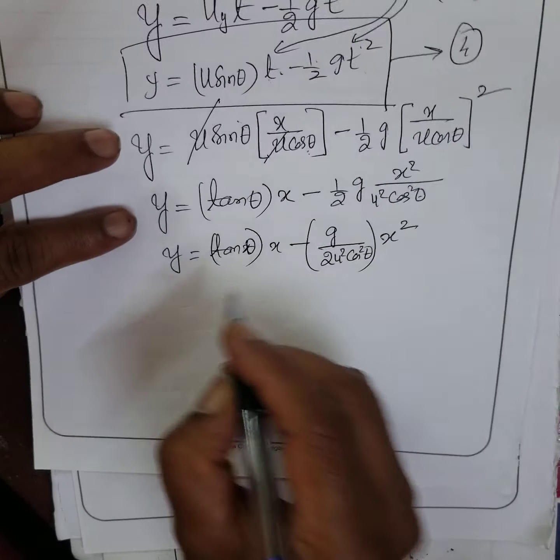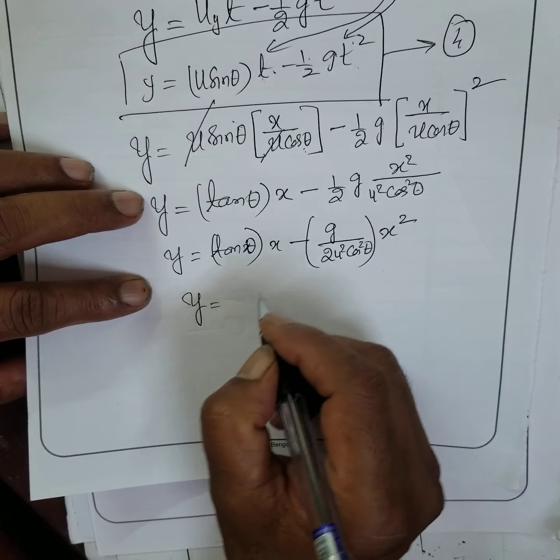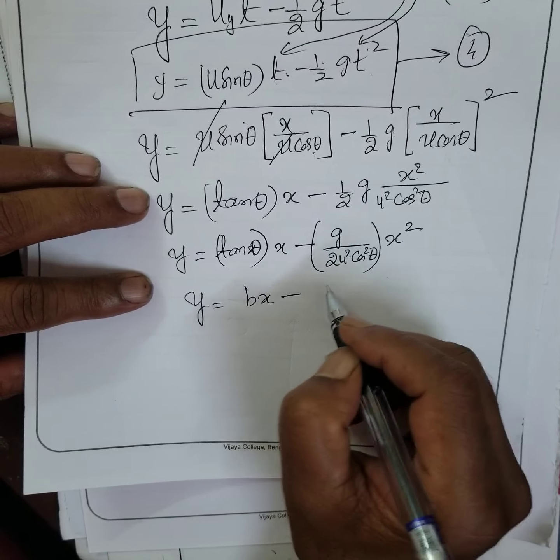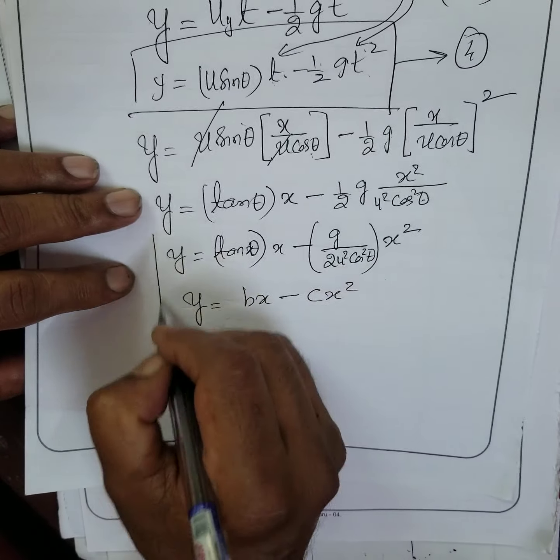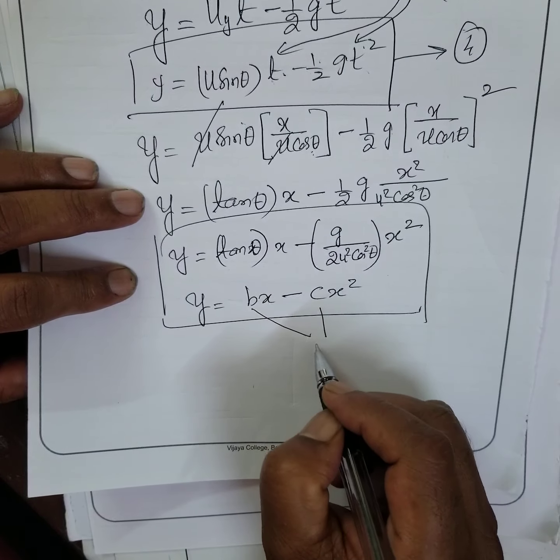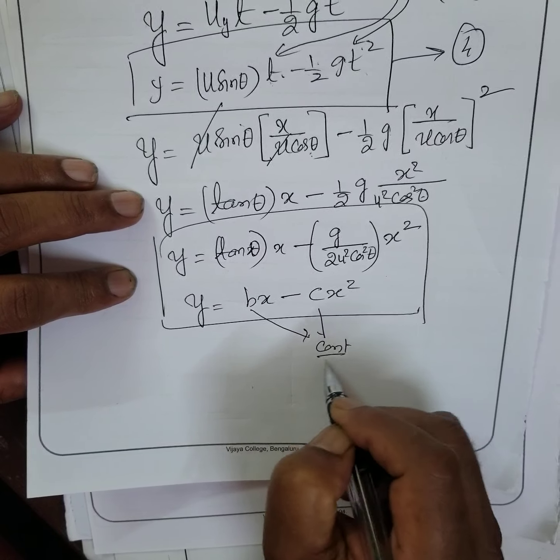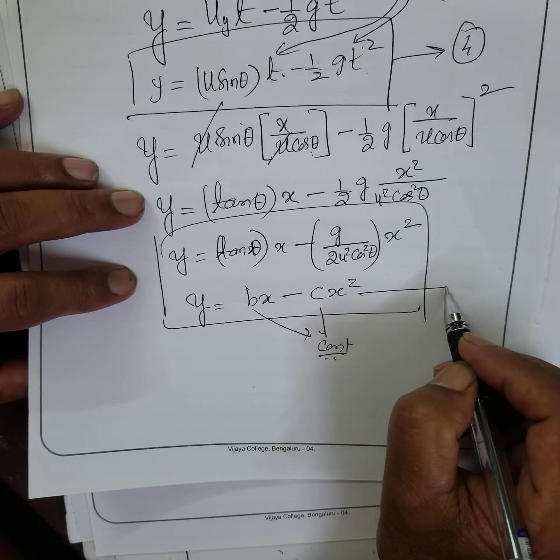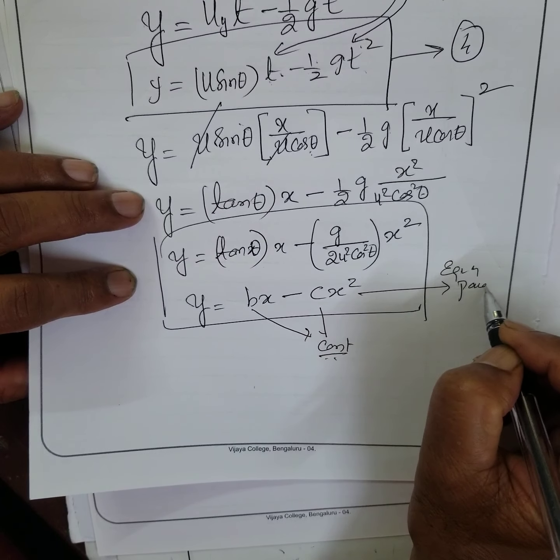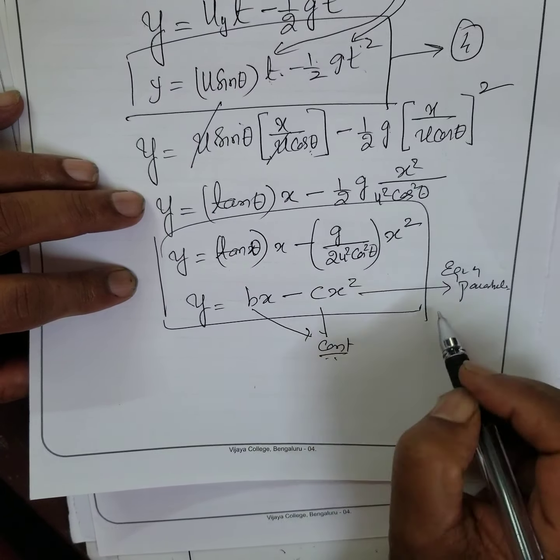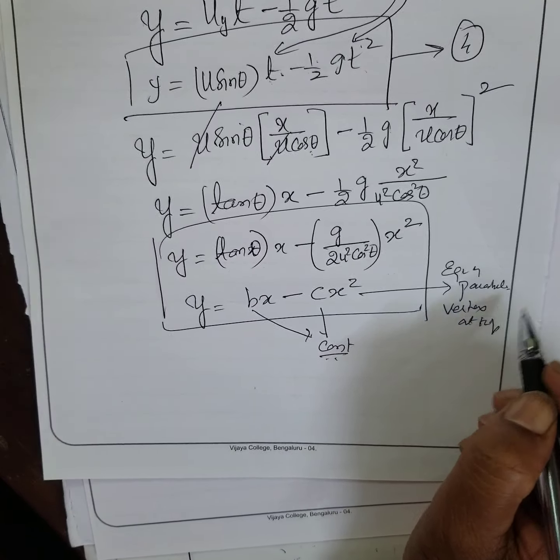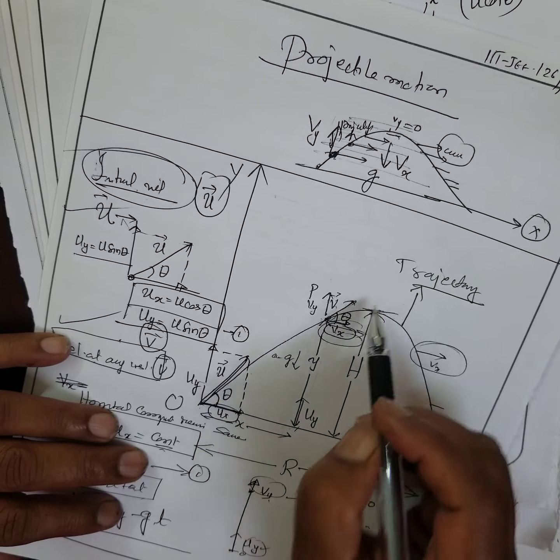So this is of the form y is equal to bx minus cx square, and b and c are some constants. This is the equation representing a parabola, where the vertex is at the top. This is the vertex.